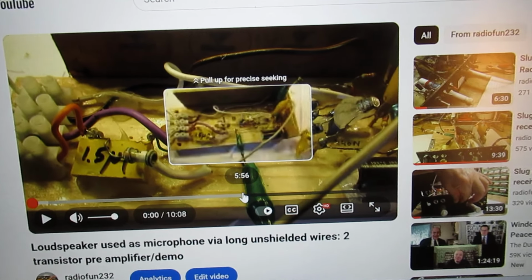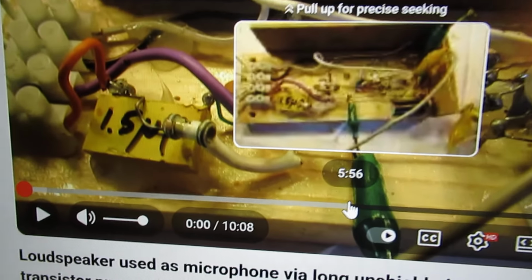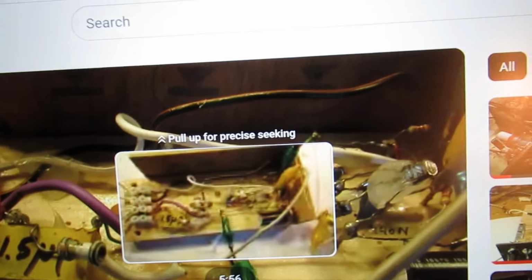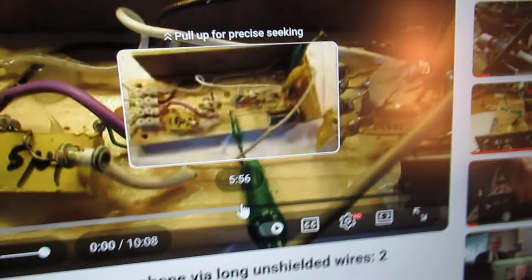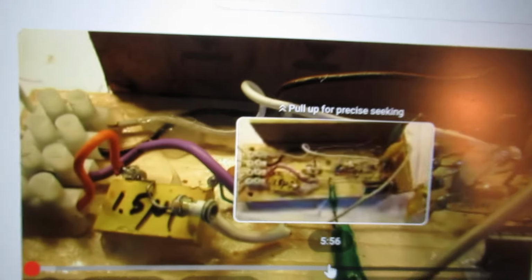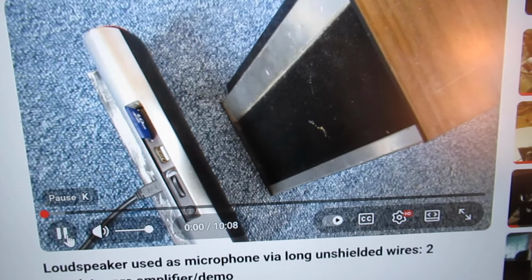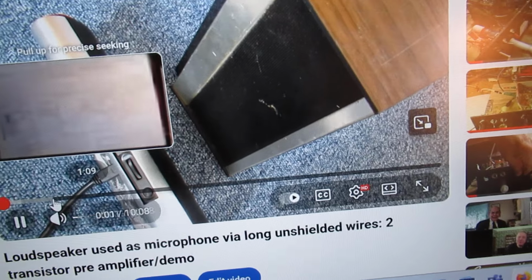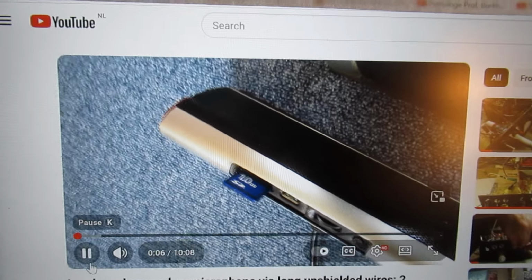So I have to stop this video, but anyway, I don't stop it because I can tell what I've done. I have used a loudspeaker as a microphone. Well, of course I have to start the video. Let's follow the lead from this MP3 player.